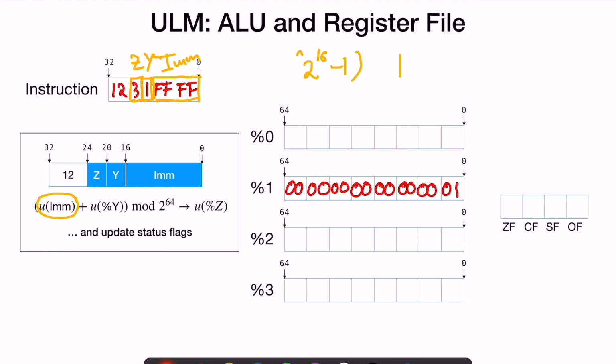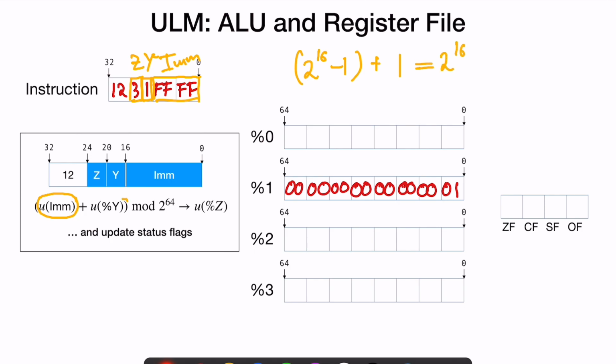Because if you would add a 1 to that, you would get a bit pattern with in total 17 bits. The most significant bit would be 1 and all the other bits would be 0. So 2 exponent 16. And that's how you could possibly come up with this. So these two unsigned values then would be added. So that would give us 2 exponent 16.